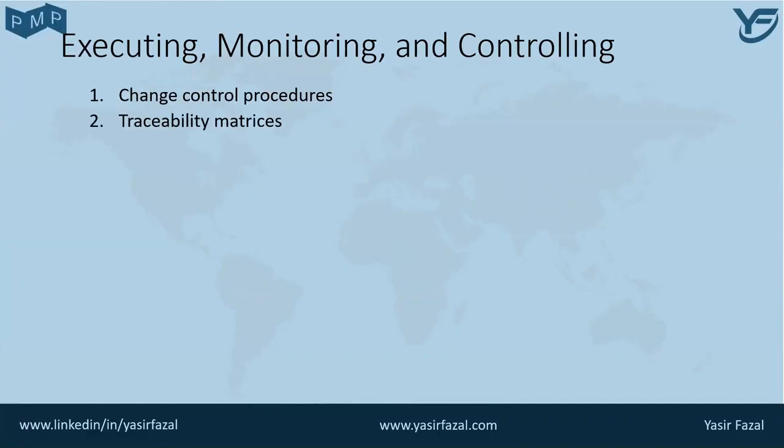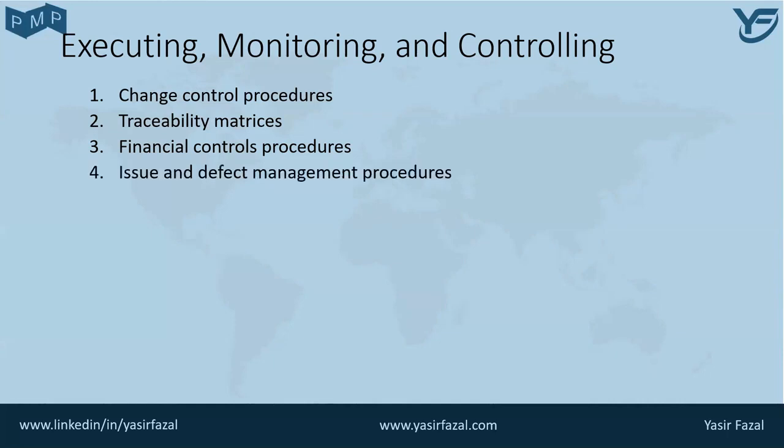Then comes the traceability matrices. After that, we have financial control procedures. For example, time reporting, required expenditure and disbursement reviews, accounting codes, and standard contract provisions.